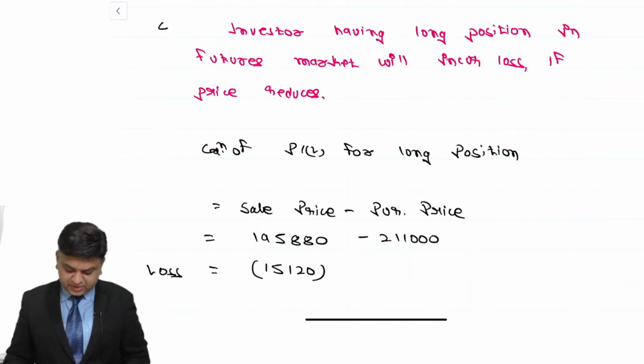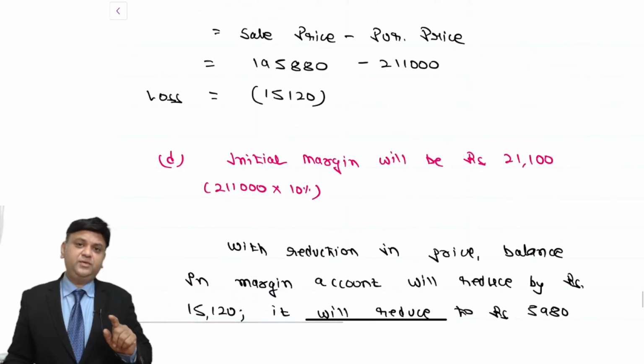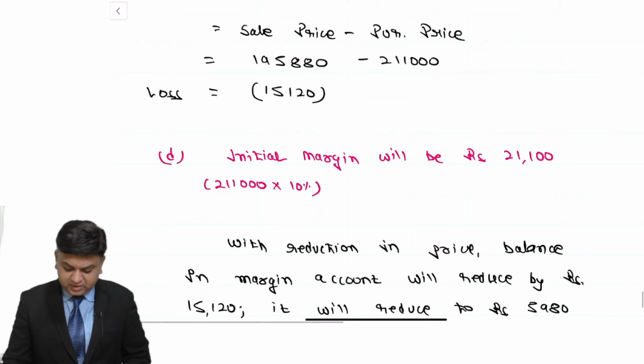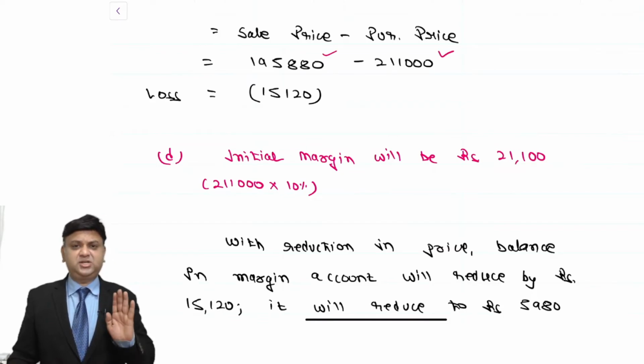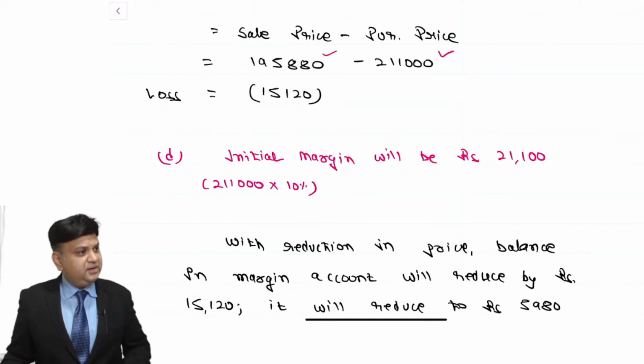Giving you further explanation, instead of entering into the futures, suppose I would have purchased the shares from the spot market worth rupees 2,11,000. The price reduces. With the reduction of the price, I enter into the transaction to sell the security, because I am expecting that the price of the security will further fall down.